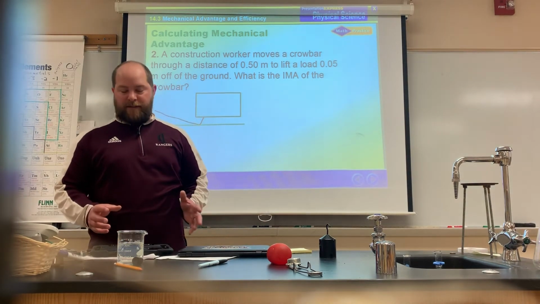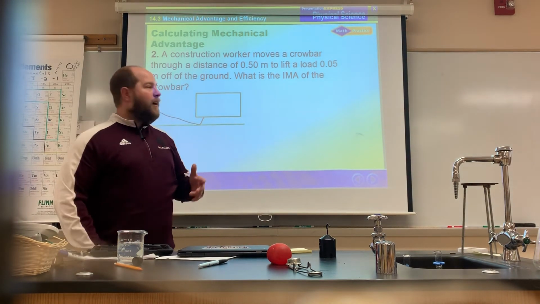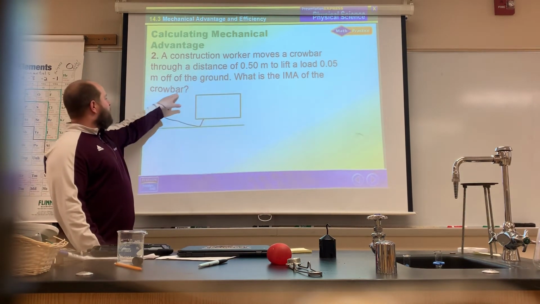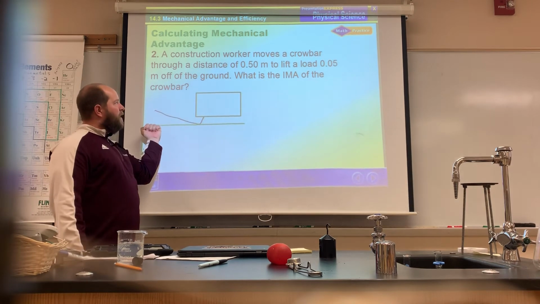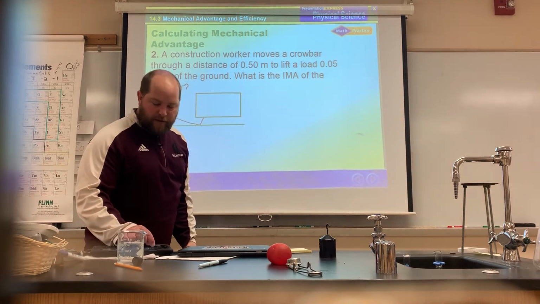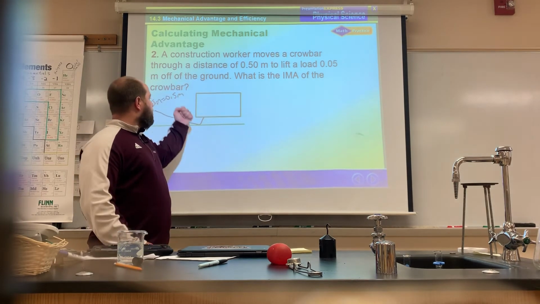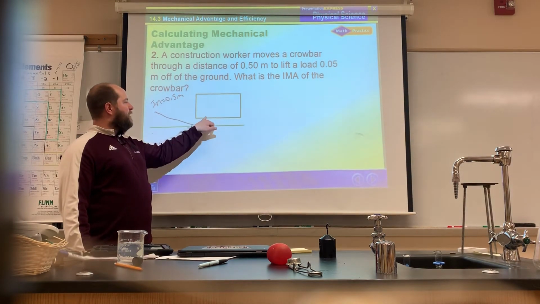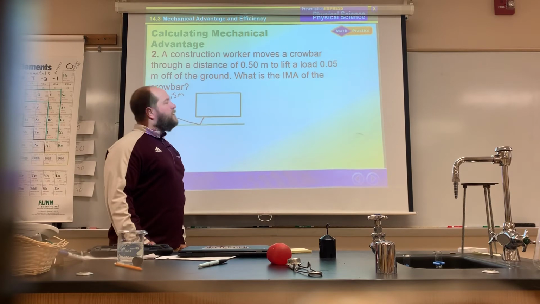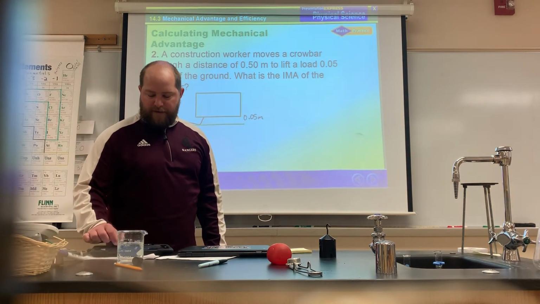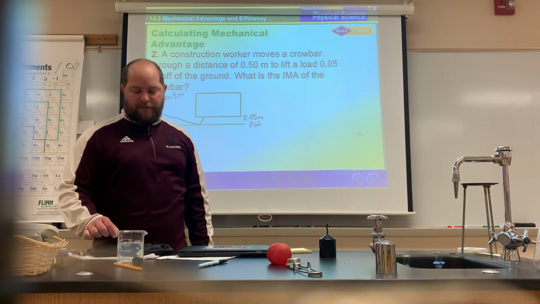What's the input distance? Well, you can see that it's going to move the crowbar 0.5 of a meter. It's going to be cranked down. So the input equals 0.5 meters, and because of the design of the crowbar, it's going to lift this thing up 0.05 meters. So that's the output, what we're getting out of the machine.